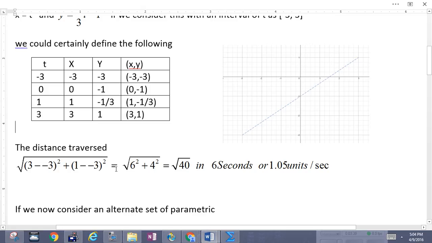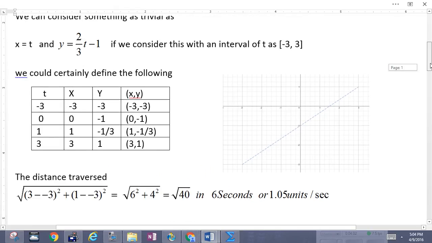I hope all my arithmetic there is correct. So we've traversed a distance of radical 52 inside of 6 seconds, which is moving along this segment at roughly a little over 1 unit per second.